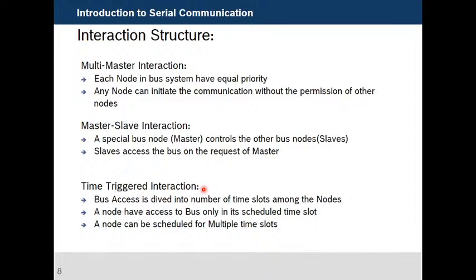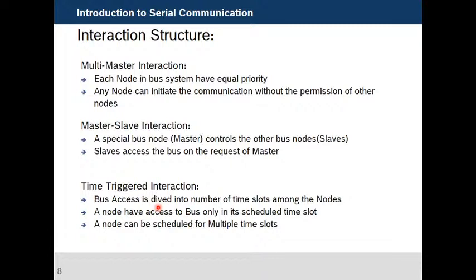The next one is time-triggered. Bus access is divided into a number of time slots among nodes. A node has access to the bus only in its scheduled time slots. If you see FlexRay communication, FlexRay is a time-triggered protocol.